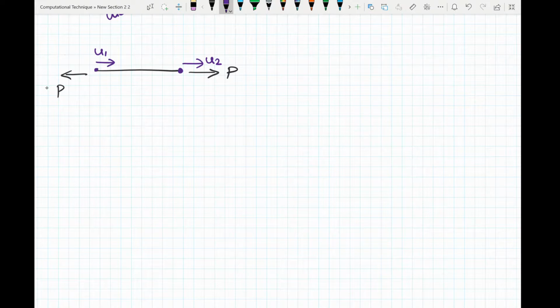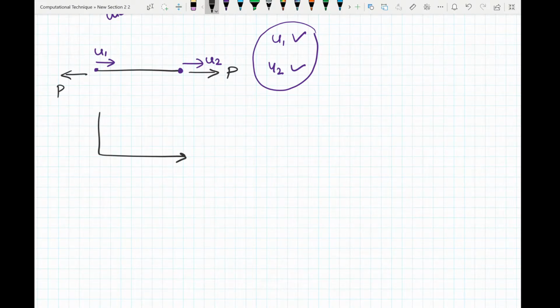And after solving this, you'll get a value of u1 and u2. Remember that you have already solved the problem and you have obtained your solution. Now if you plot this in a graph, let's say this is point 0, this is L. Now this is your x-axis and this is your displacement u, which is a function of x.